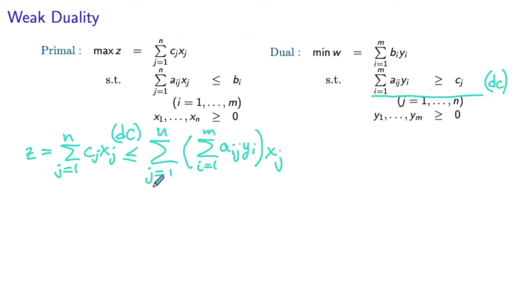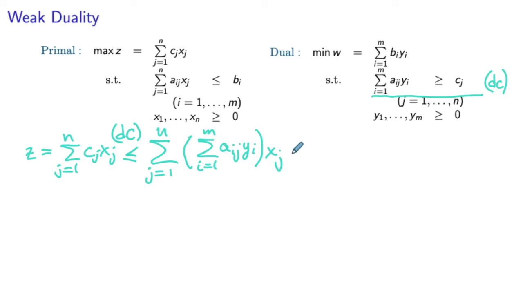Alright, so now we have this double sum here, and the terms are arranged in the way that every time I go over j's, I have the product of xj and the summation of aij's yi's taken over all i's, right? So this is the sum, and I can rearrange the terms as I wish. The result of the summation is not going to change anyway.